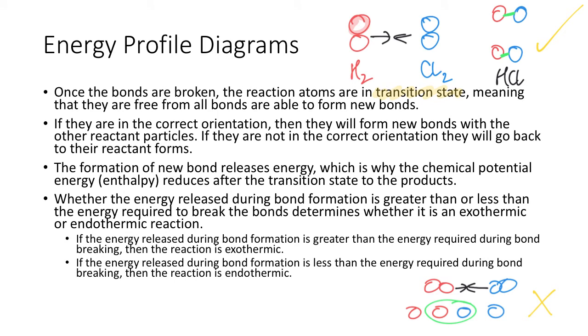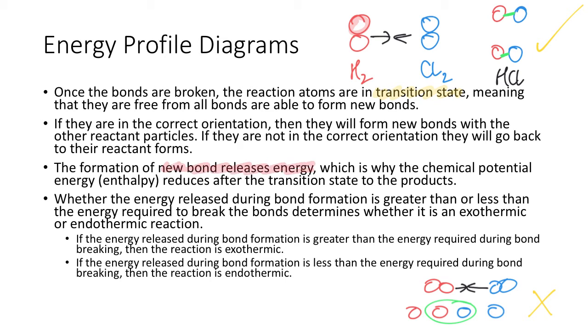But the idea is that the transition state is when the atoms are in their individual states and they have yet to form bonds. The formation of new bonds releases energy.